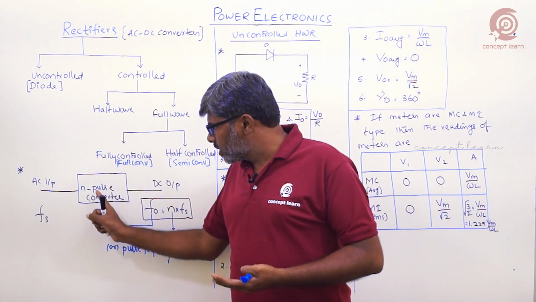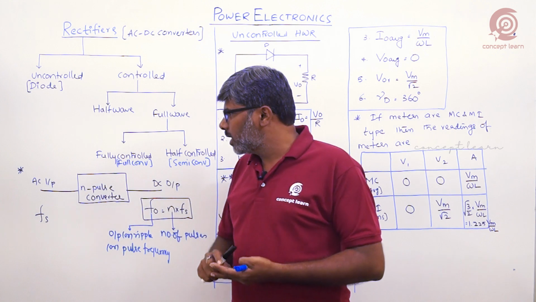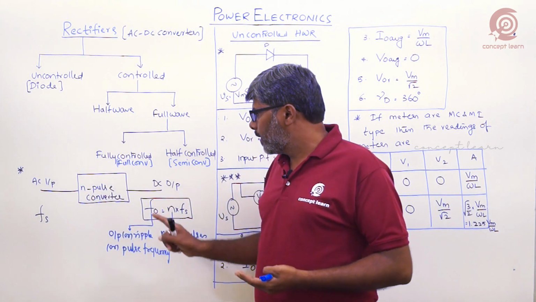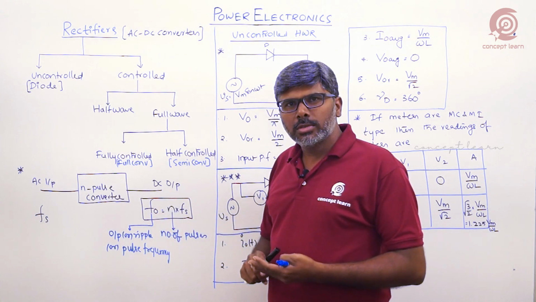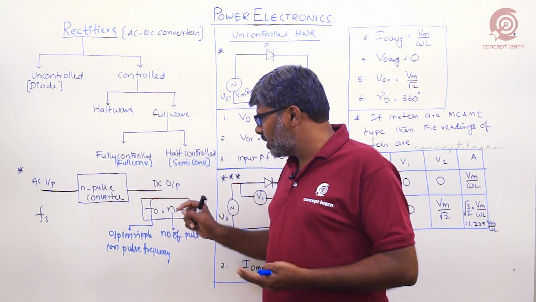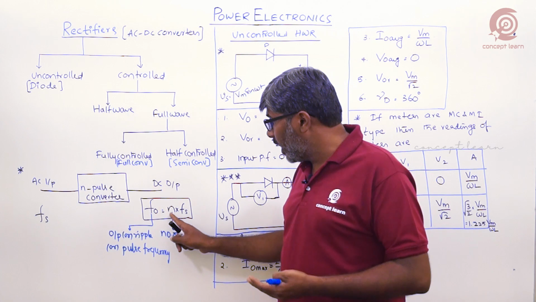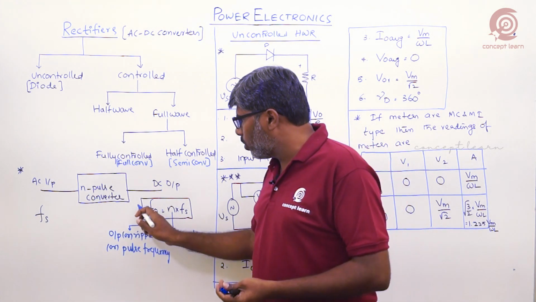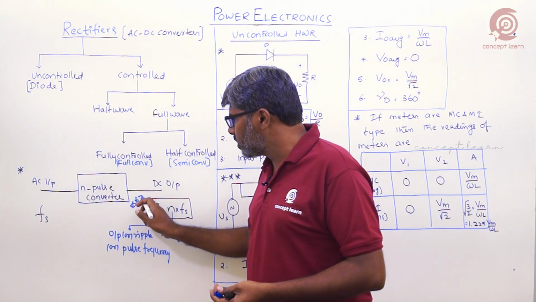So now let us take, this is an N pulse converter. Input is an AC input with supply frequency Fs. It gives a DC output and the output frequency F0 is equal to N into supply frequency. This formula is very important in examinations.